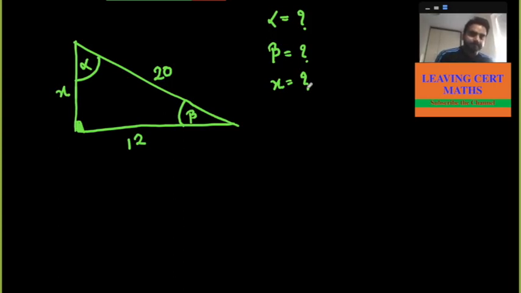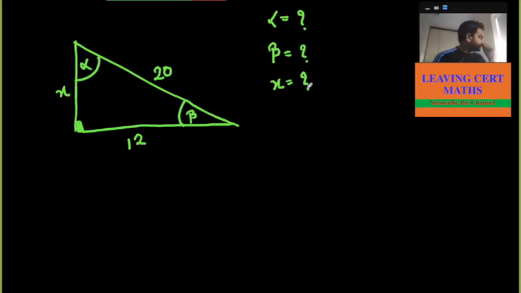Then 20 squared is 400. 12 squared is 144.